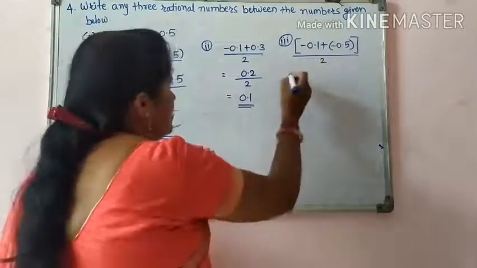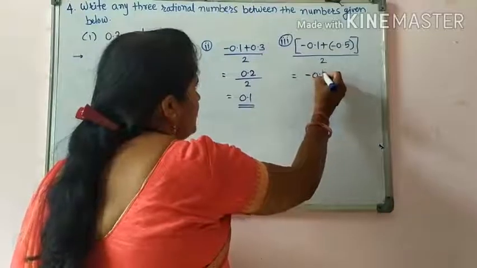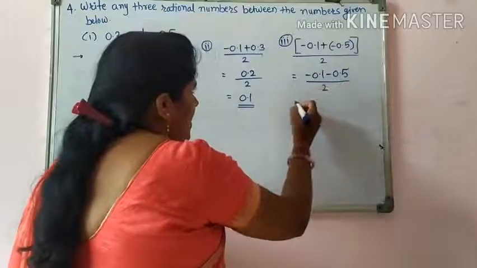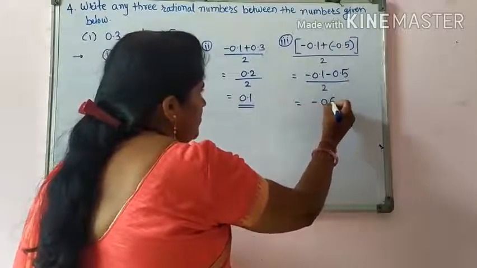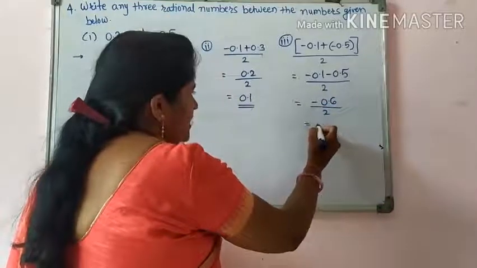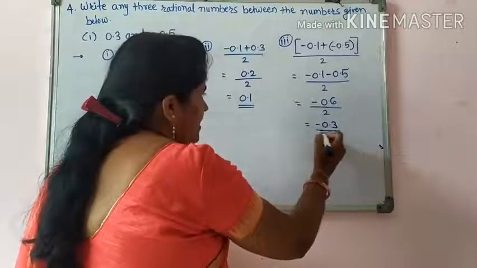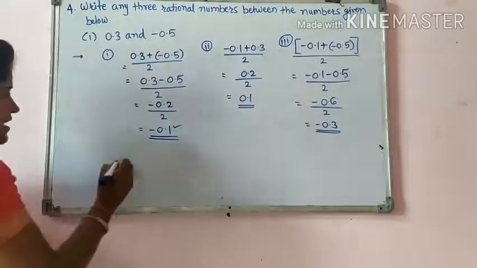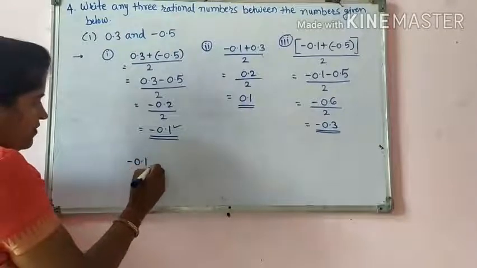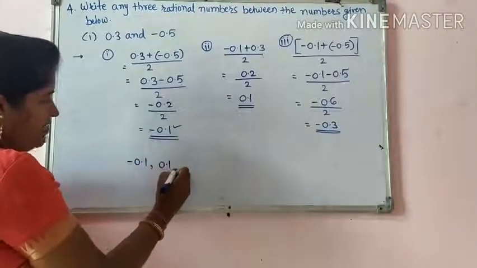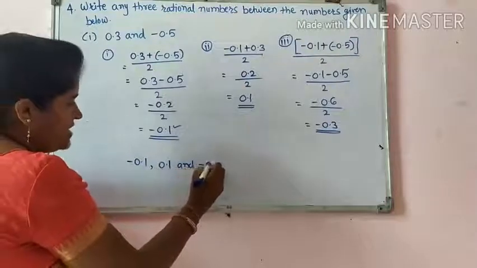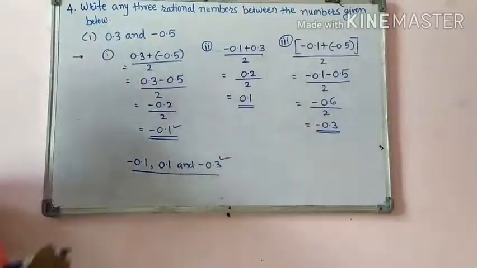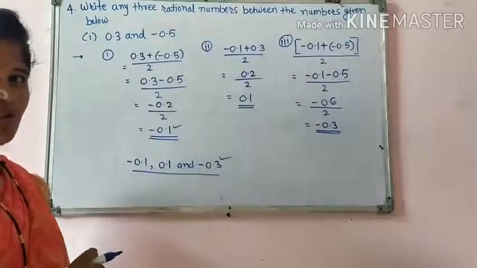So here this is equal to minus 0.1 plus of minus is minus 0.5 divided by 2, that is minus 0.6 divided by 2, that is minus 0.3. 2 3s are 6 here. So which are the rational numbers here? Minus 0.1, 0.1 and minus 0.3. These are 3 rational numbers between 0.3 and minus 0.5.